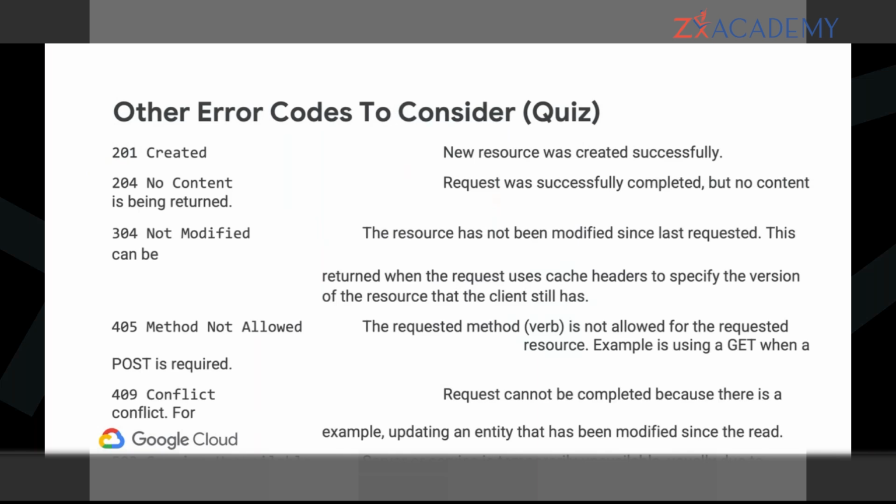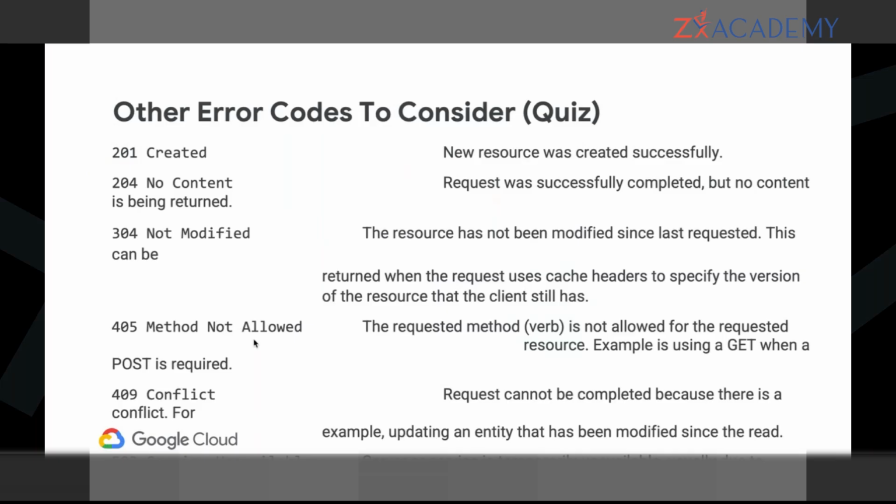In that case, the server can provide 304 not modified. It is like the server is saying it is not modified, you can use your own cached response. So it is used in case of caching.